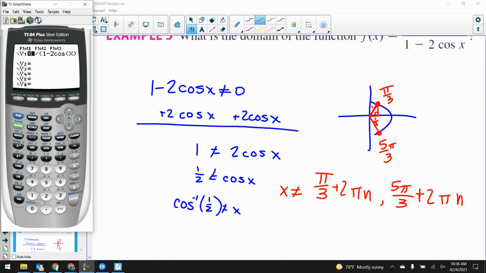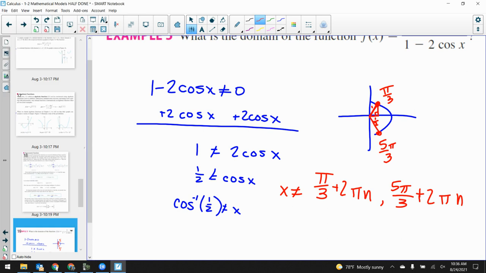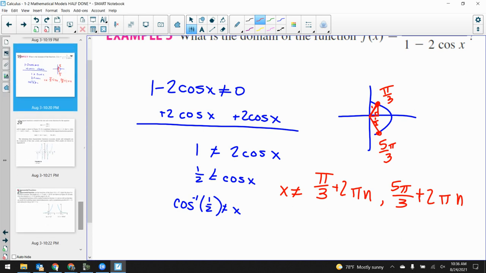For real? That's weird. Okay, right. I don't know. See, sometimes these turn out to be really weird looking graphs. That's okay. I'm really sorry. Graph of 1/(1 minus 2 cosine x).